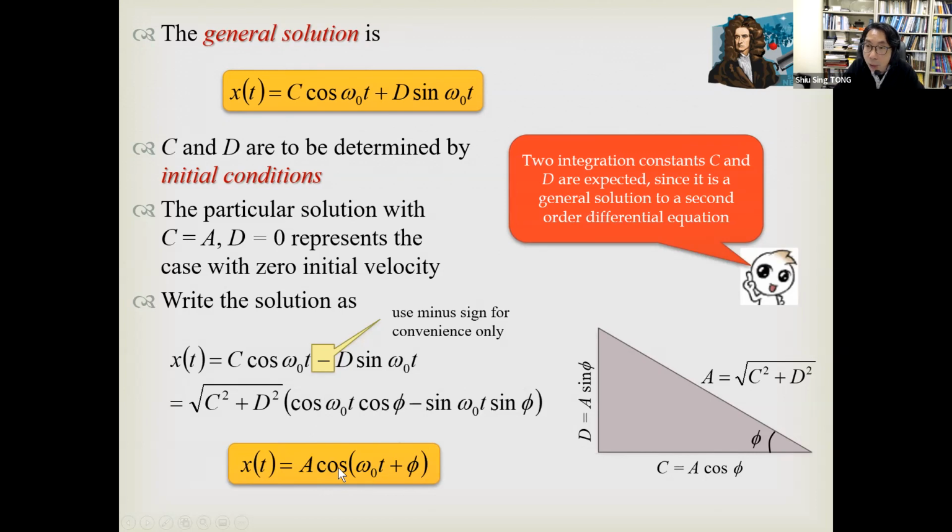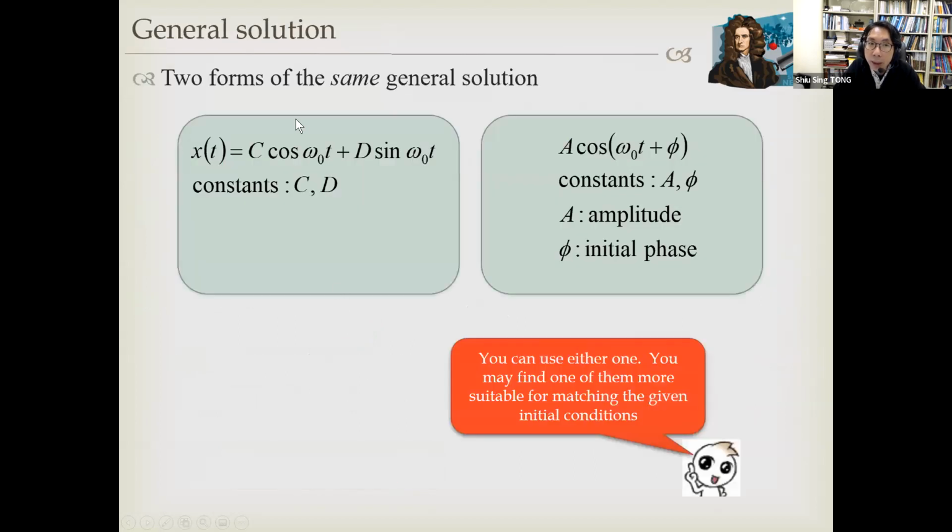This solution depends only on the cosine and also the amplitude A. The A is very apparently the amplitude, but there's also an initial phase. The initial phase goes with the argument, it is added to the omega naught t. Okay, so there are two forms of the same general solution.